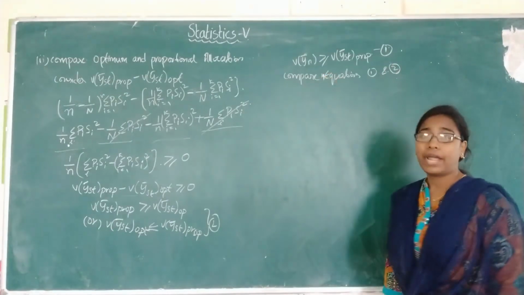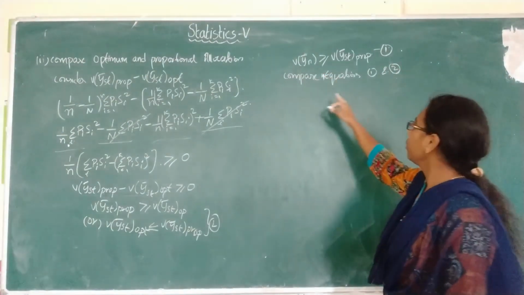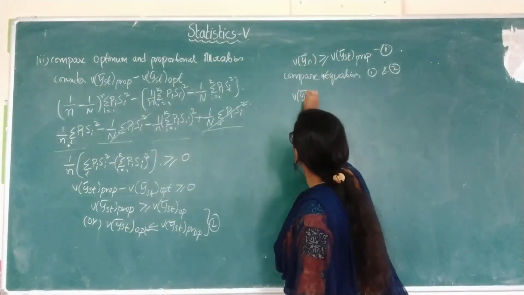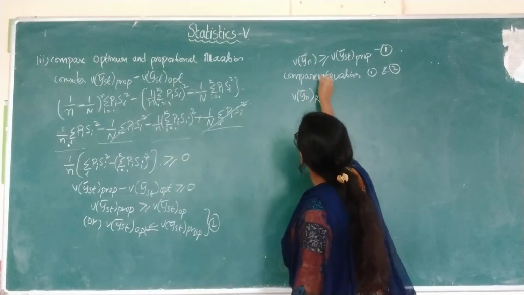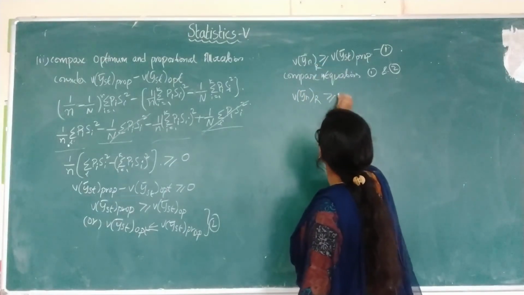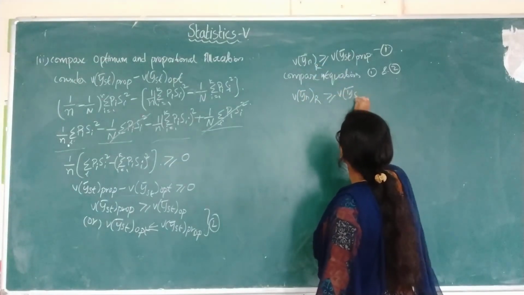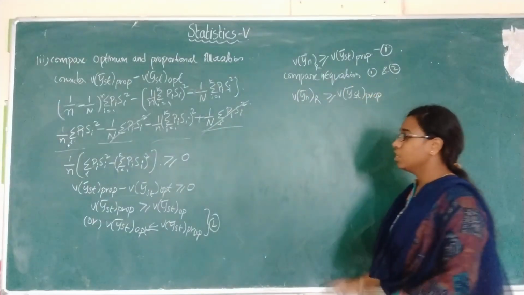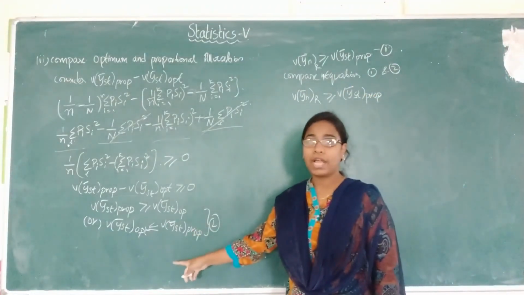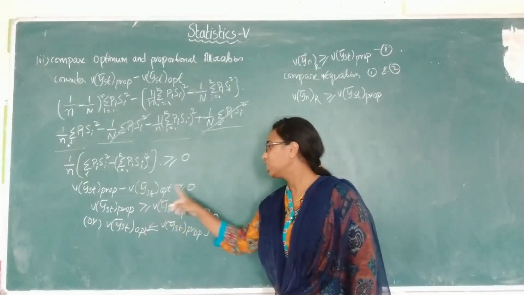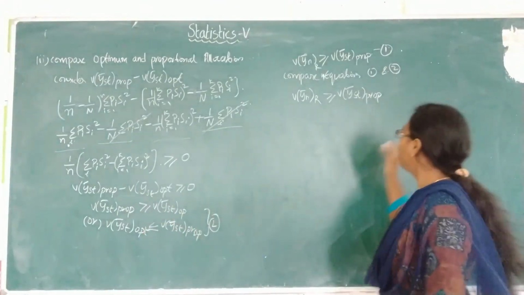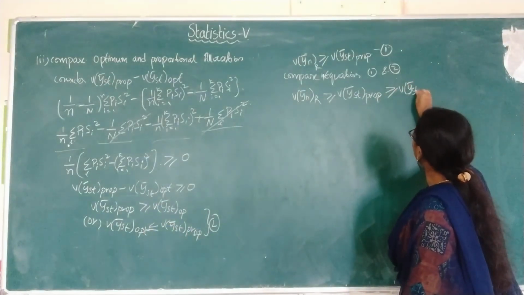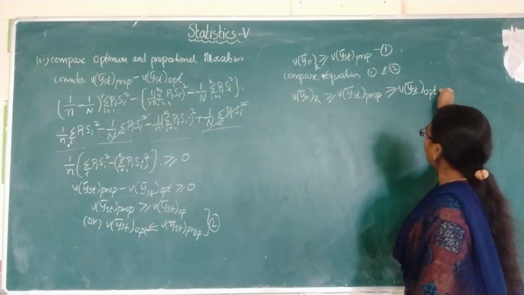First in equation 1, we have variance of y bar n under random sampling is greater than or equals to variance of y bar st under the proportional allocation. In the second equation, we have the proportional allocation variance is greater than or equals to variance of y bar st under optimum allocation.